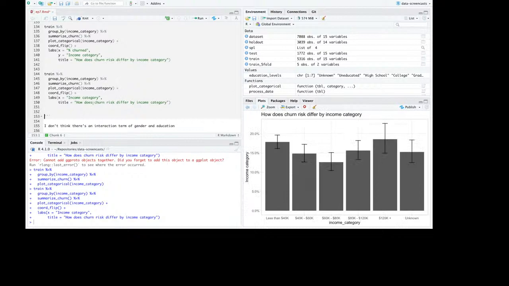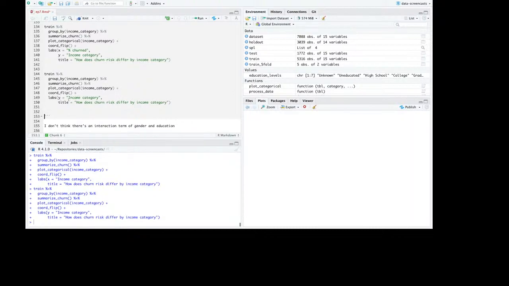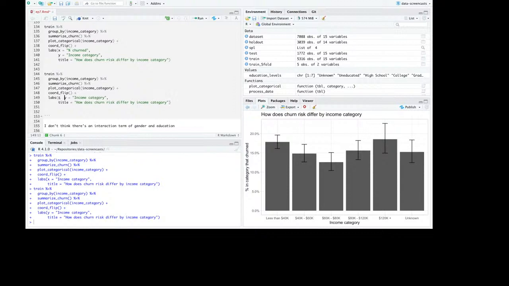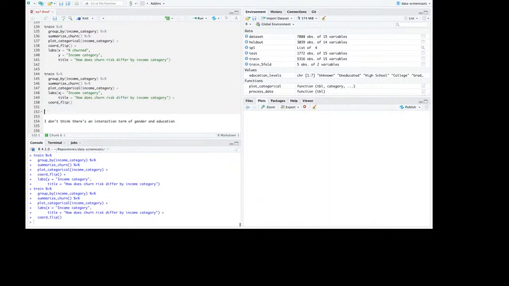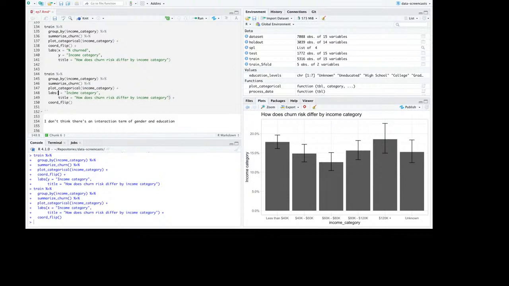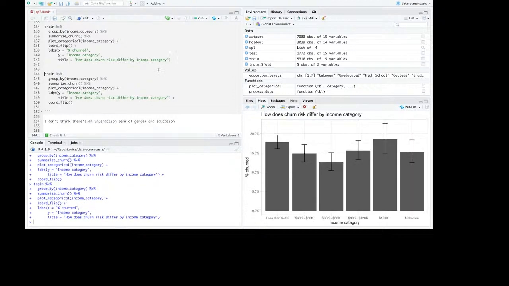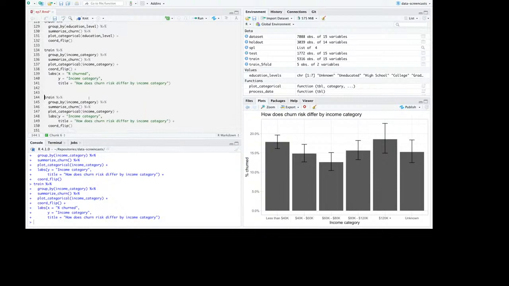Here we go. Income category, we just go on the Y, X. No, this is still right. There we go. Yeah, well, these are both the same thing.